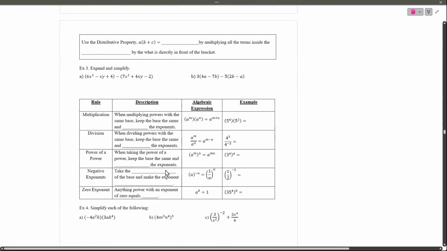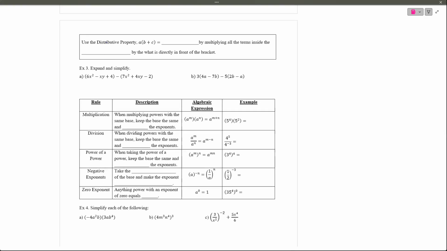So this one, we're going to remind you of something you haven't done in probably a little while, but we want to use the distributive property if we have some value on the outside of a set of brackets. So when we do this, we want to distribute that outside term through each term inside the brackets. So it would be a times b and then a times c.